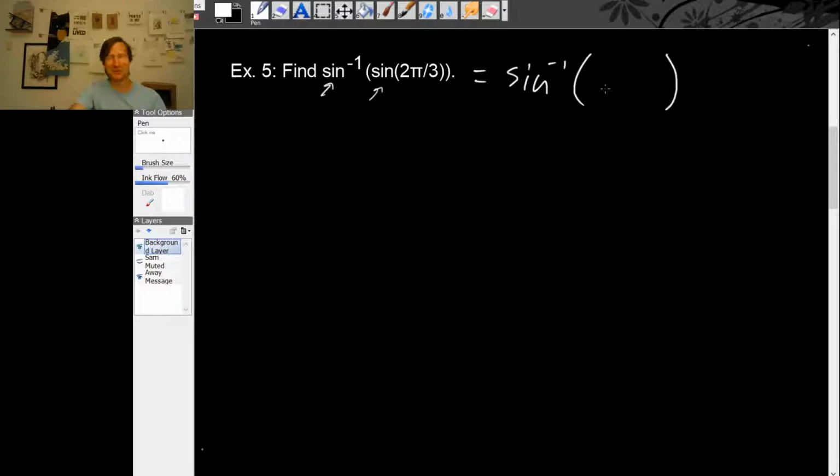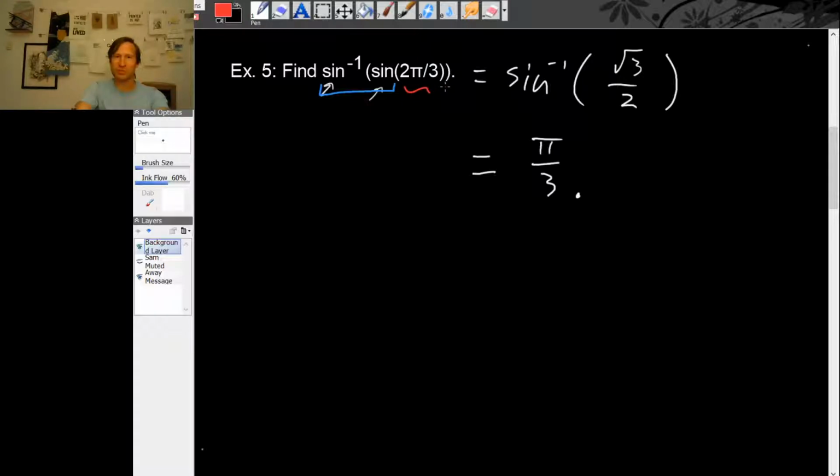I hope you remember this value too. Sine of 2π/3 is root 3 over 2. And inverse sine of root 3 over 2, well, that's one we just looked at in the last example. Inverse sine of root 3 over 2 is π/3. Okay, but wait a second. Look at what just happened. We had a function composed with its inverse function, its supposed inverse function.